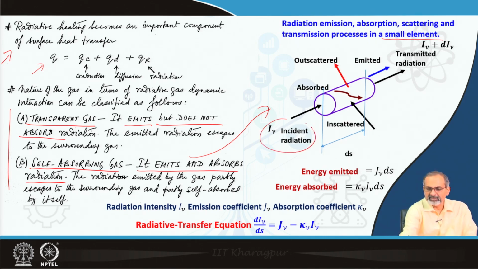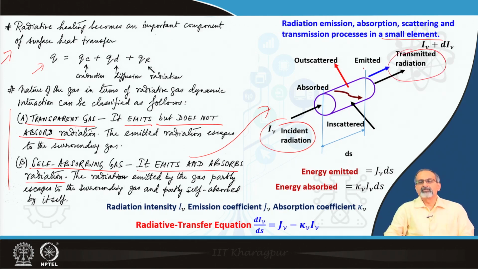There is some incident radiation that is coming in from this end of the element. It is transmitted through the other end, it is emitted, it is in-scattered, out-scattered as well as absorbed. So, there are a lot of phenomena that can be taking place simultaneously.